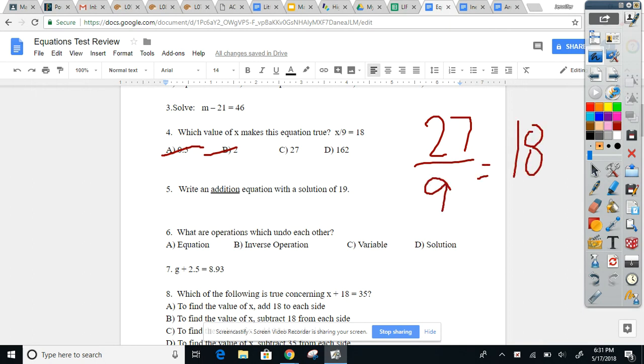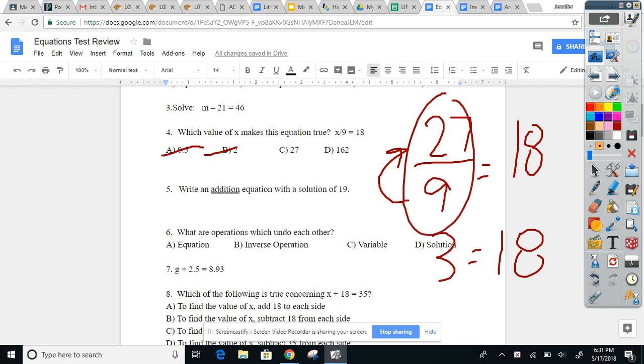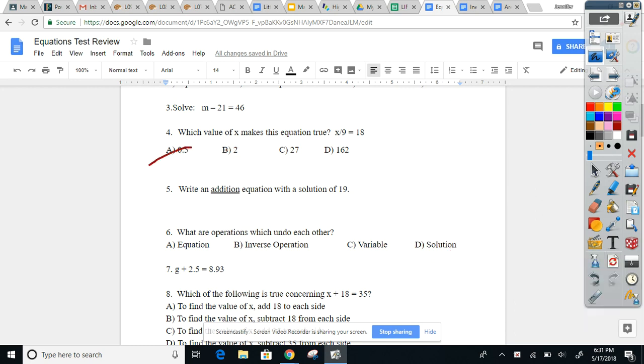Well, 9 times what gives me 27? That'd be 9 times 3. So is 3 equal to 18? No. So 9 goes into 27 3 times. So if I solve this, I get 3. 3 is not equal to 18, so I don't think C is our answer.